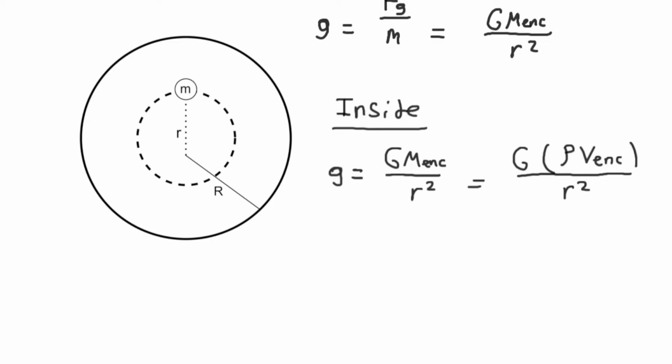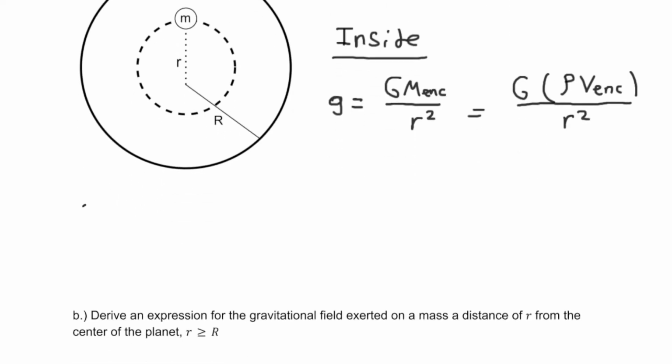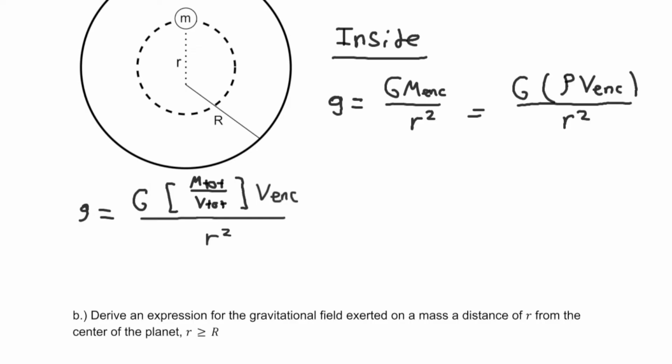But then also, since density is a constant, we can just use the M over V for the whole planet for density. So g is equal to big G times density, which is the mass of the planet divided by the volume of the planet, because total M over total V gets us density, times the volume inside the shell, and then we divide by r squared.